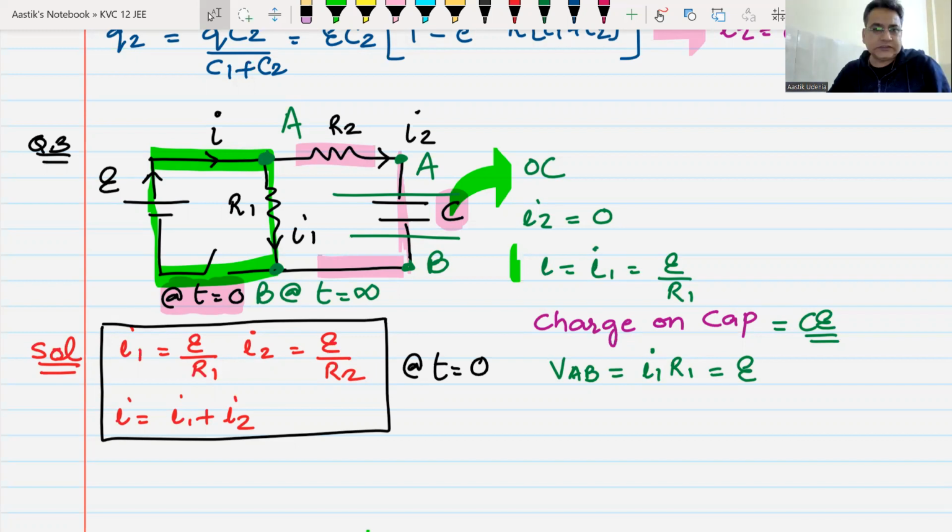We are done with, I think, the charging of the capacitor. Now we have to see the discharging of the capacitor. So we'll move ahead with discharging of the capacitor. But first we have to understand that before discharging, the capacitor has to be initially charged. Do we understand this?